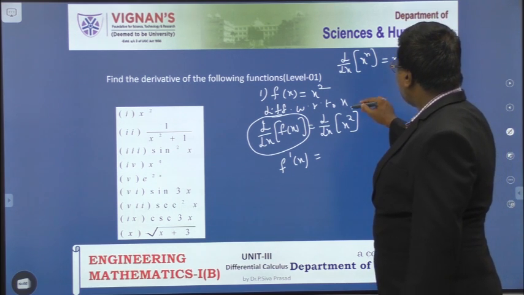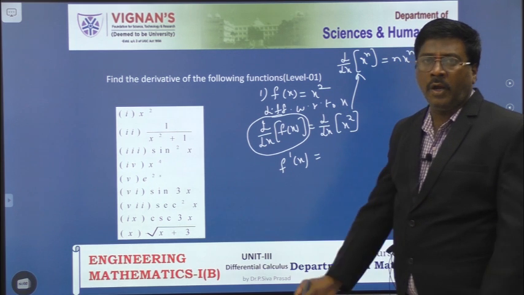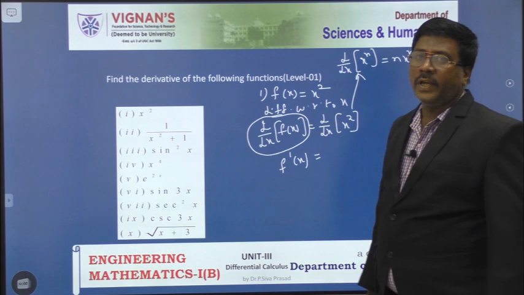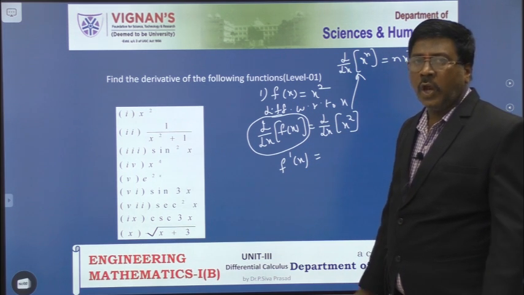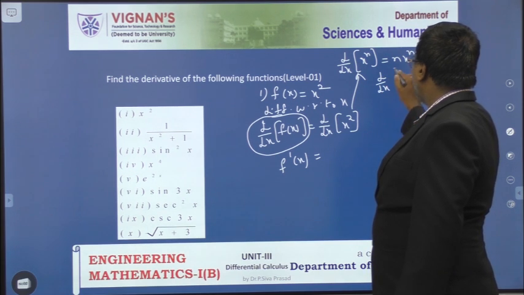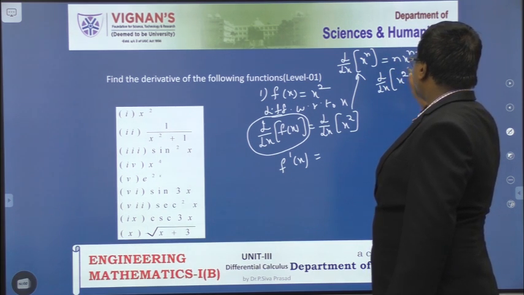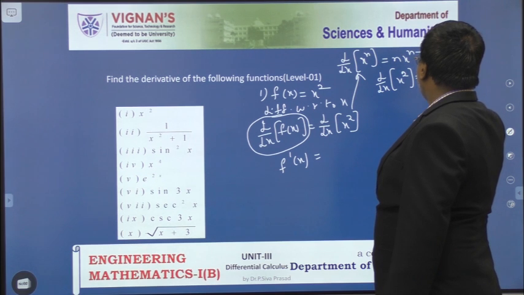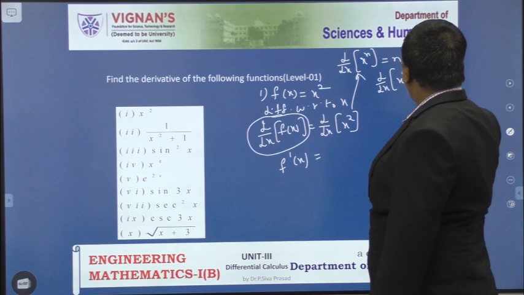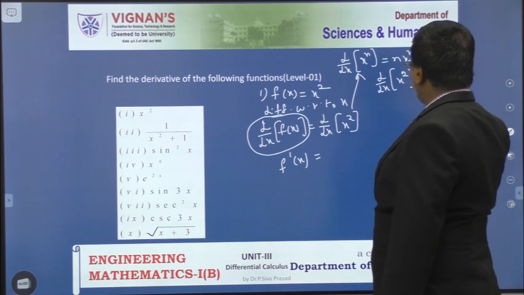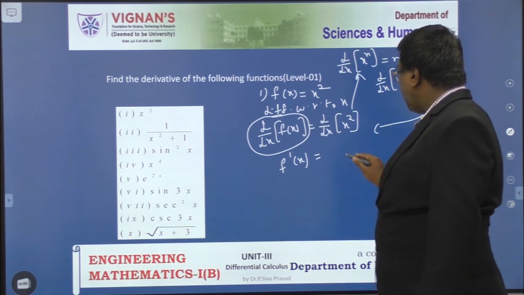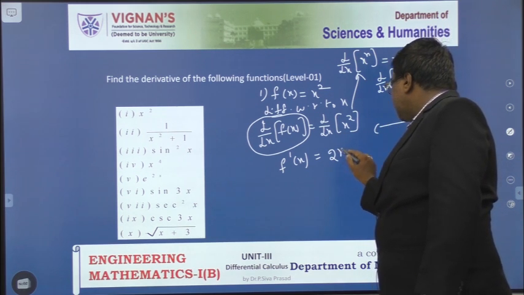Now we apply the formula d by dx of x power n is equal to n into x power n minus 1, putting n as 2. So d by dx of x square is equal to 2 into x to the power of 2 minus 1, which is 2 into x only. Therefore, whatever answer you get here, write it in this place.